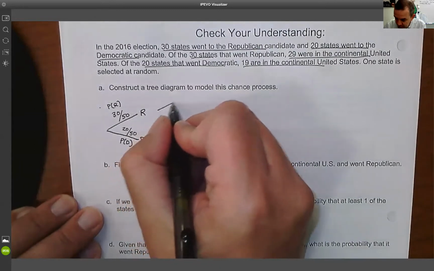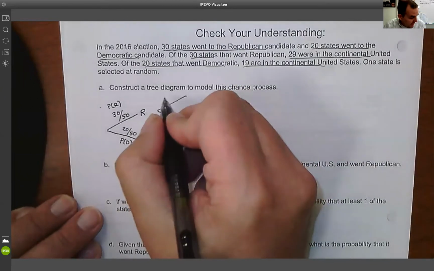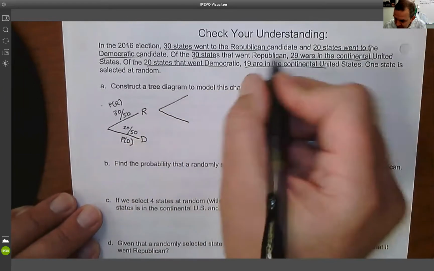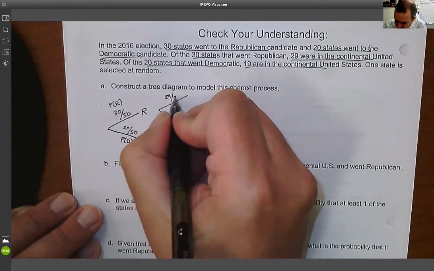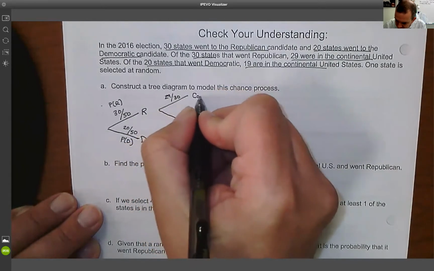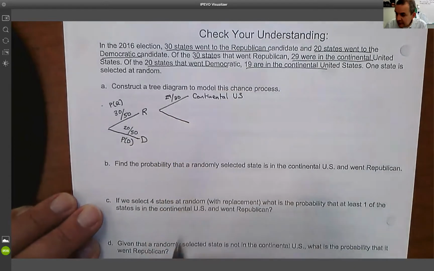Now, the next thing we're going to determine is whether they're in the continental United States or not. So this one right here is saying 29 were in the continental United States. So 29 out of 30 were in the continental US.